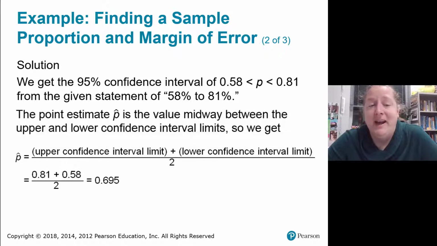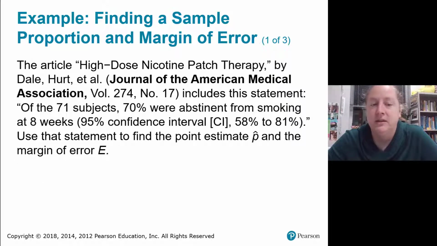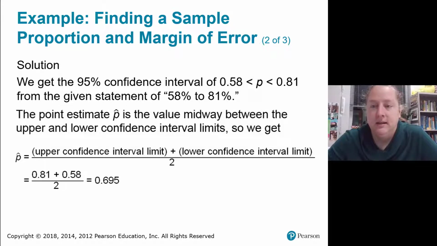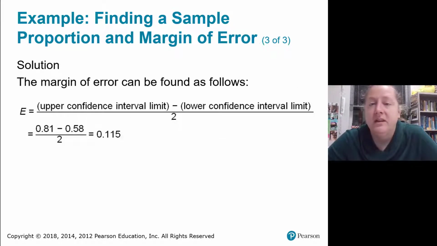The point estimate p hat is the mean of those 2 values, so we add them together, 0.58 and 0.81, and then divide by 2. When we do that, we get 0.695, which is what they were rounding to 70% in their write-up. And then we can find the margin of error as well. We take the 0.81, subtract from it the 0.58, so upper minus lower, and divide by 2. We're finding half of the distance in between. When we do that, we get 0.115. So our error is 0.115.